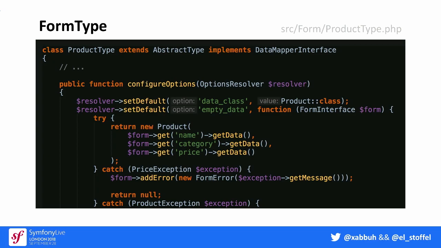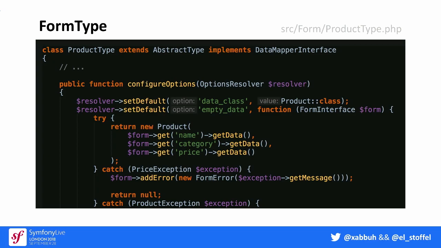Now we have to be a bit careful. We need to catch exceptions here, because our model is throwing exceptions when the input is invalid, and we catch them here so they are not bubbling up to the exception handler. Yes, empty data.